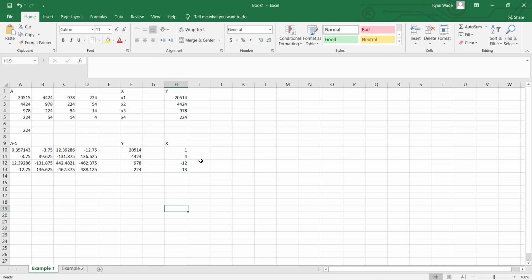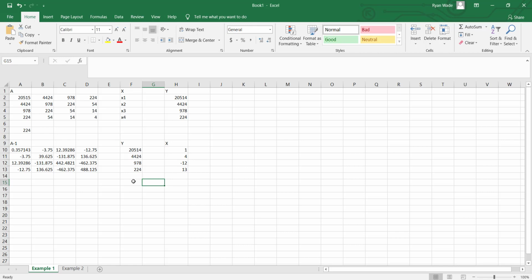So if we were talking about a civil engineering example of a truss, and we were to go through that, then the answers we're getting here are drastically different because I changed the 20,514 to 20,515. So that means our margin for error is significantly higher.